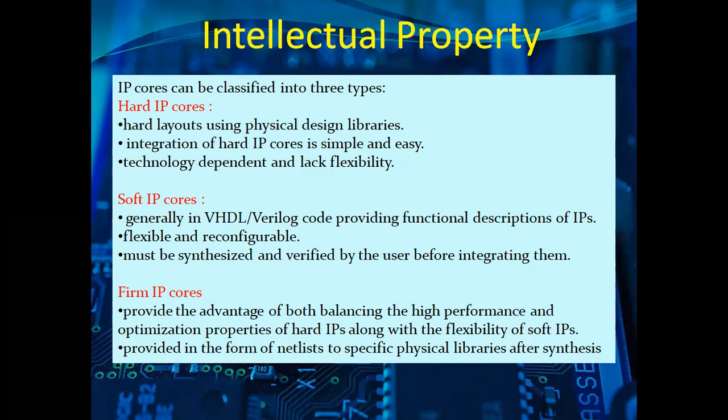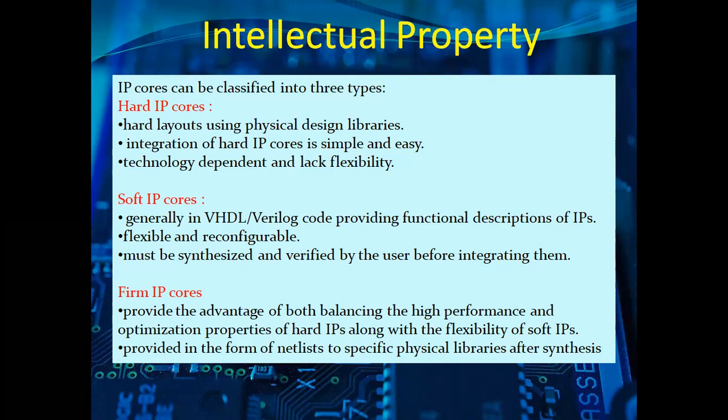So coming back to our current discussion. IP cores can be classified into three types. It can be a hard IP core, a soft IP core, and a firm IP core. When I say hard IPs, a hard IP core is nothing but a hard layout which is using the physical design libraries. And it is quite simple and easy because there is very little to work or improvise in that case.